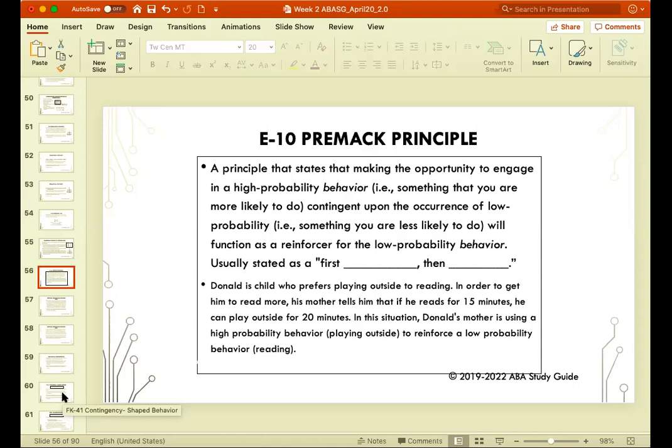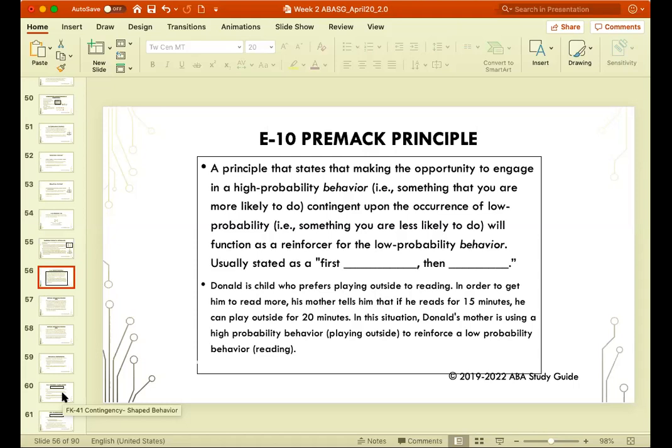It doesn't have to be something preferred as much as it has to do with something high probability. So it doesn't necessarily mean unpreferred, but it means something you're less likely to do.